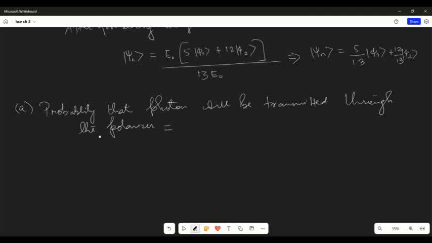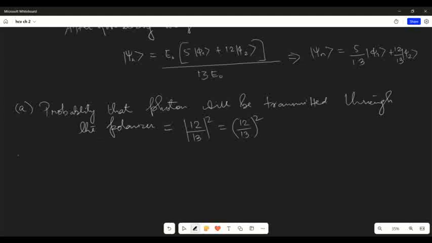It is equal to the coefficient of ket phi 2, because phi 2 corresponds to the y-axis, and the y-axis is also the axis of transmission of the polarizer. So it will be the square of the probability amplitude, that is the mod square of the coefficient of phi 2. So basically it will be 12 by 13 whole square.